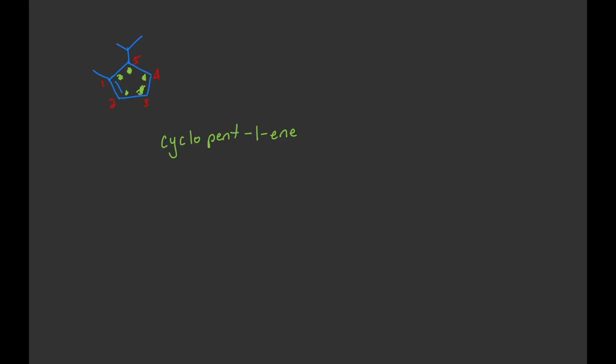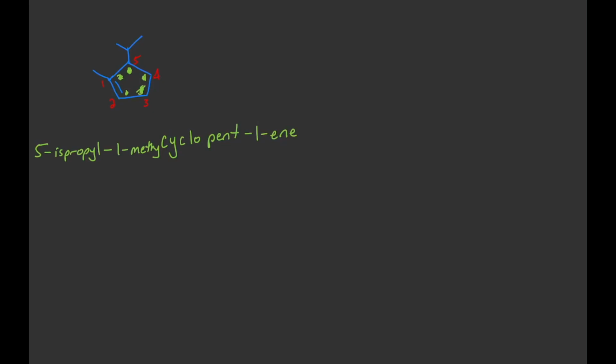Going based on the alphabetical order of the substituents, we will start with 5-isopropyl, and then we will go to 1-methyl. So 5-isopropyl, 1-methyl cyclopent-1-ene. And that is the correct IUPAC name for this compound.